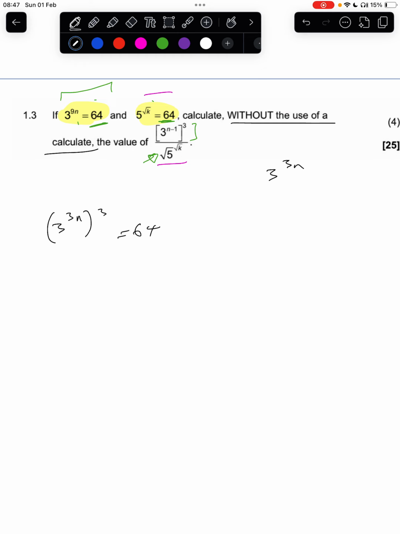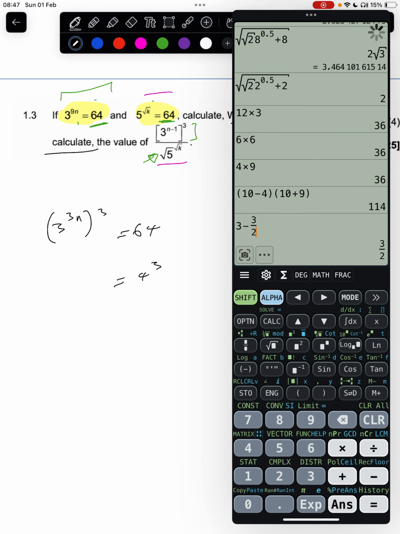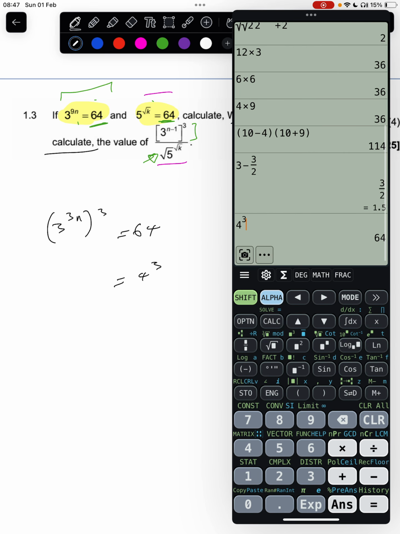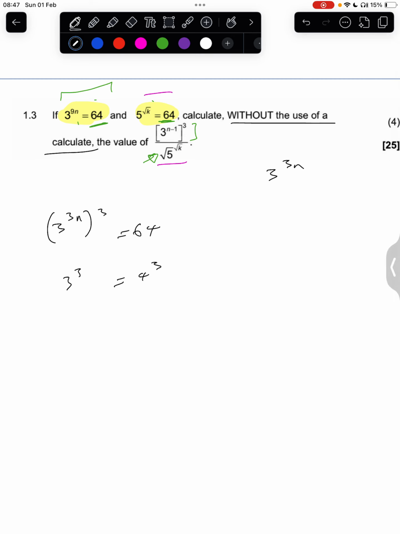Alright, and then this, let's see, 4 cubed. Yes, this one is 4 cubed to the power of 3. Therefore, 3 to the power of 3n is equal to 4. Alright, so now we can replace that 3 to the power of 3n with 4.